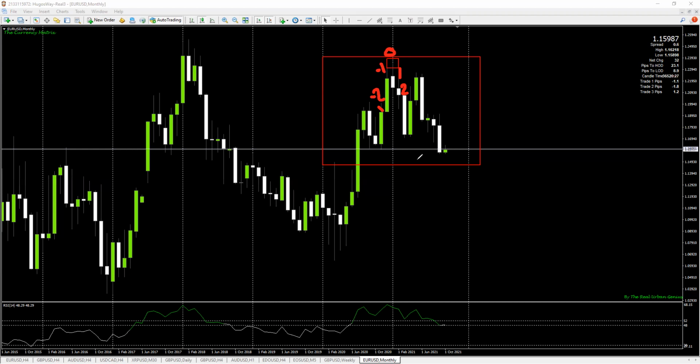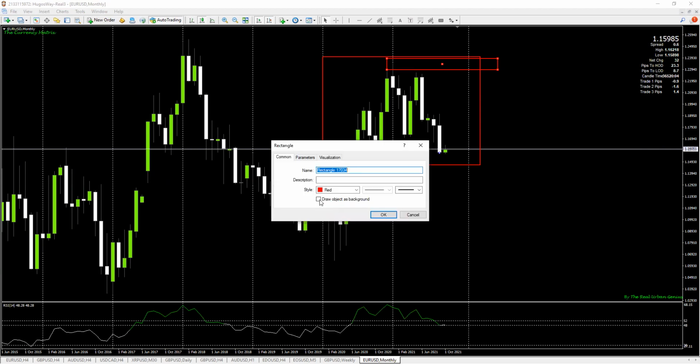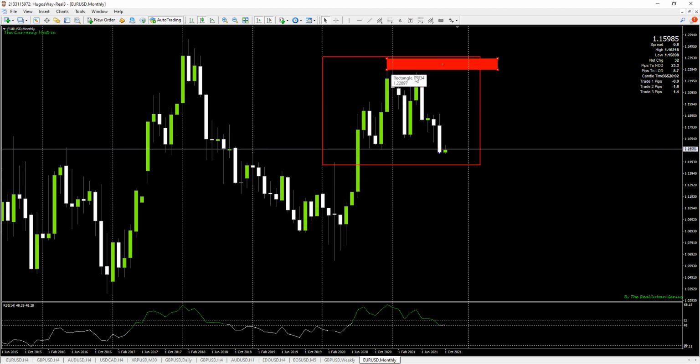And once +1 and +2 are confirmed by lower highs, you have a solid swing high. All right, you've got a solid swing high. Now, looking at this swing high, of course, we came down here.